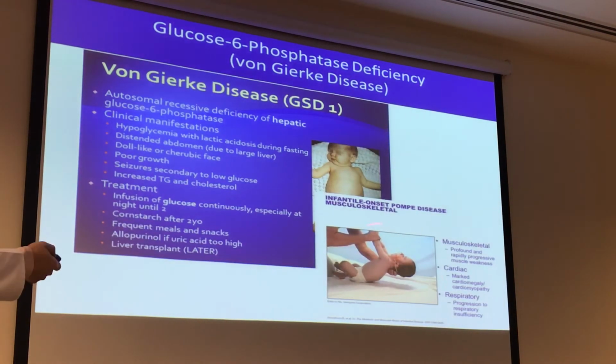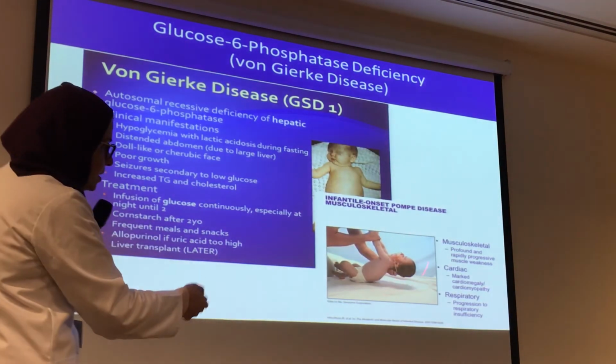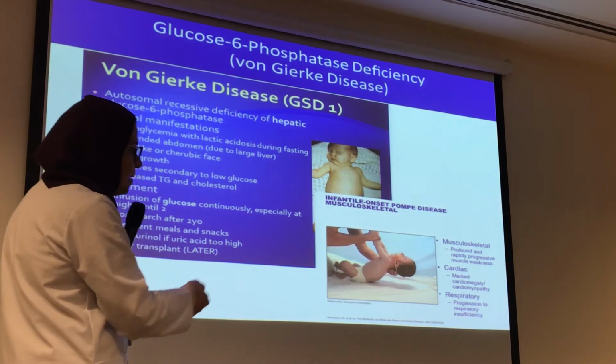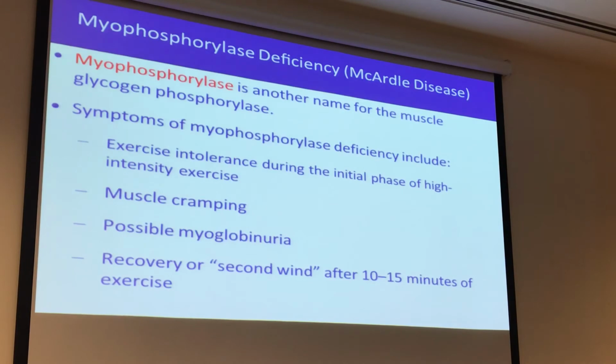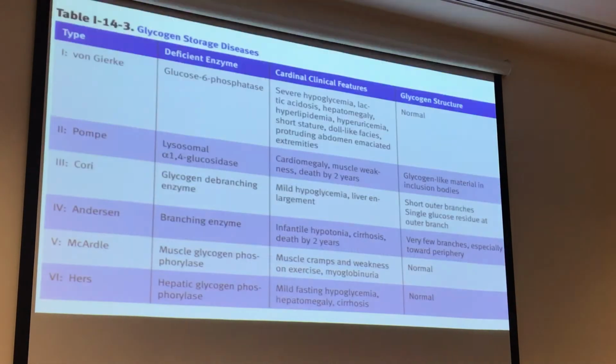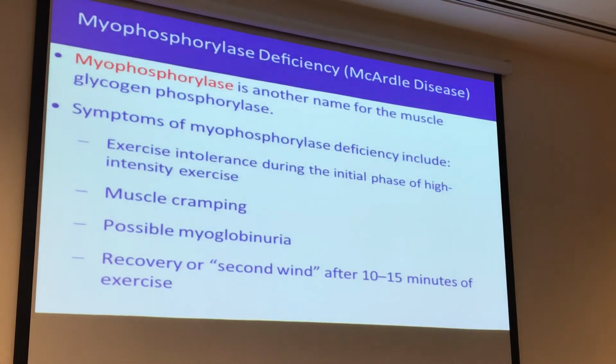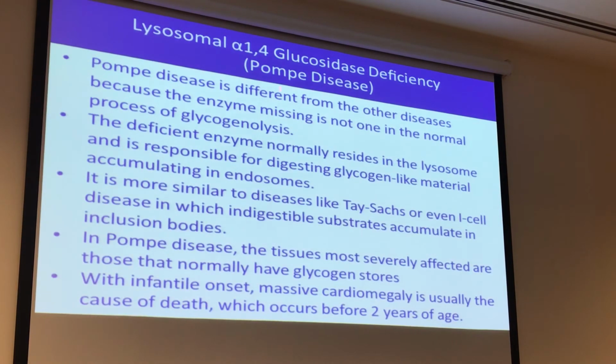The second disease is the Pompe disease. So we said we have this enzyme, alpha-1,4. Where is it? The von Gierke, the Pompe disease. This slide, please. Lysosomal alpha-1,4 glucosidase. Yes, so this one, Pompe, the name of the scientist.